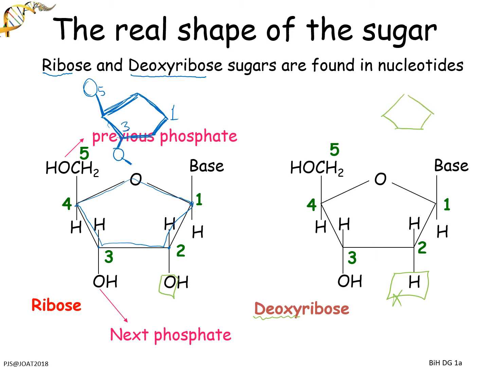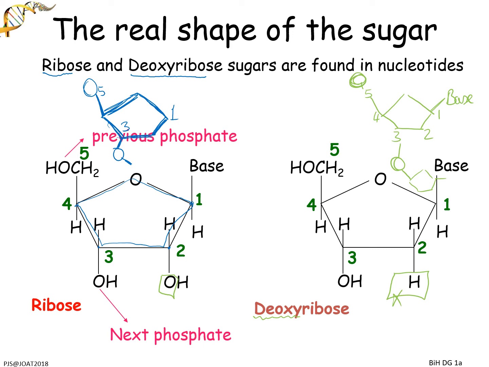Here's my 1, 2, 3, 4, 5 up here. That will attach onto the phosphate, and this one will attach onto the phosphate going on to the next one. This one here will attach onto the base in exactly the same way as that one did. So this is what you have to be able to draw.